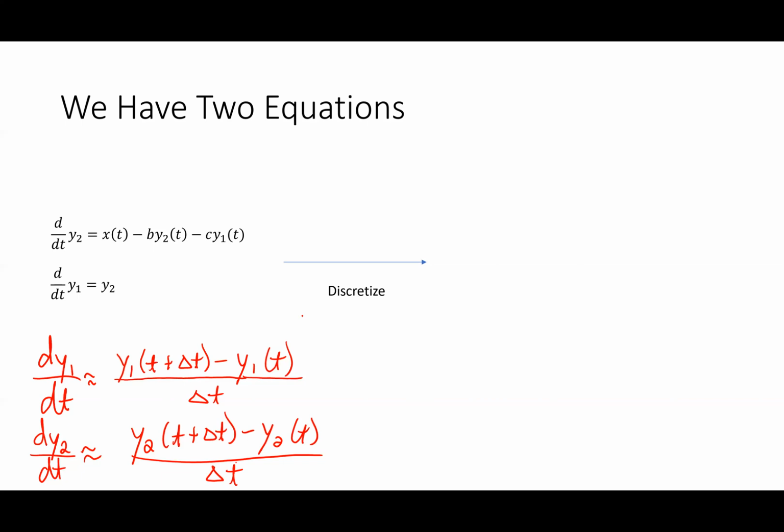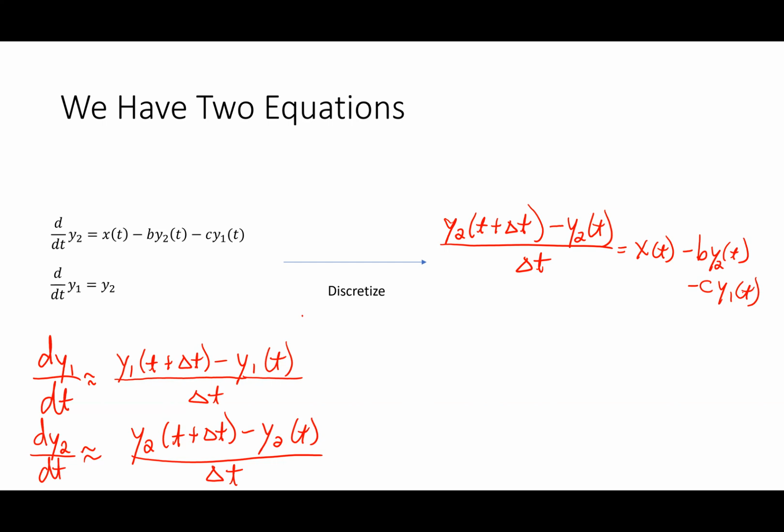Okay. So if that's what I end up doing, I can use that result and plug these two expressions into those two equations I have. For the first equation, it turns into y2 of t plus delta t minus y2 of t, all over delta t, equal to x of t minus b y2 of t minus c y1 of t.